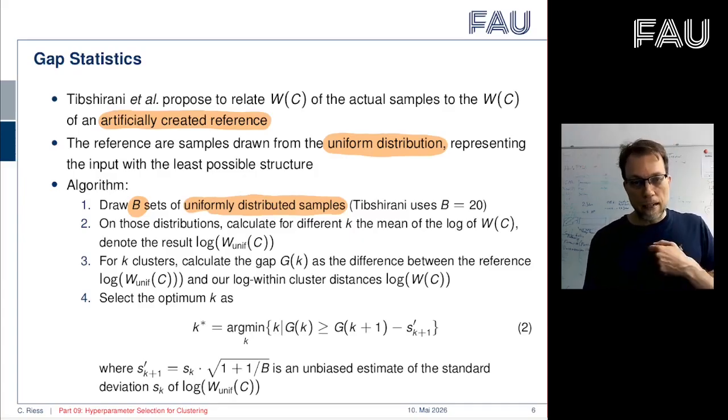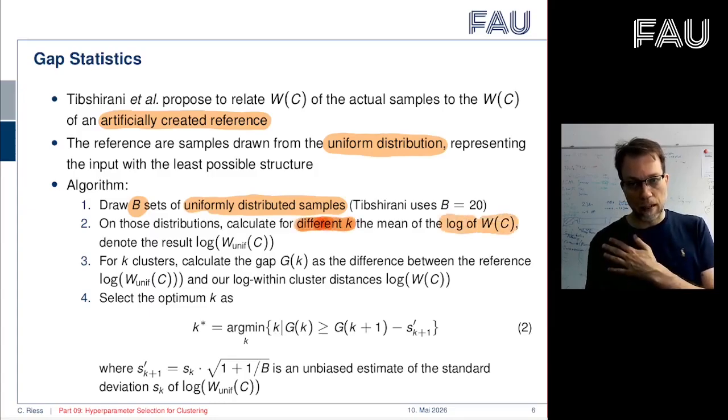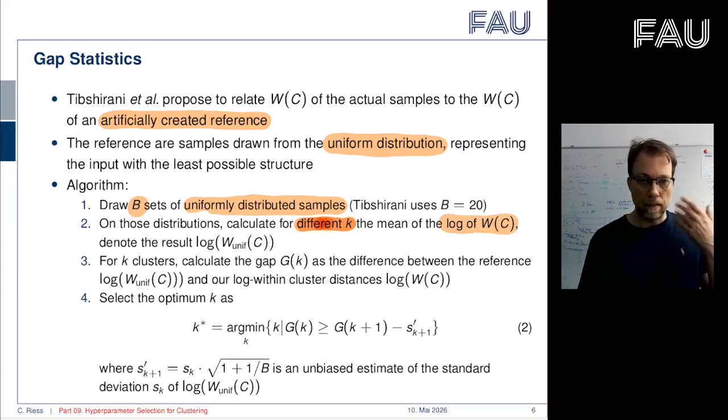Let's use each data set individually and calculate these curves with these within cluster distances as what we looked at, like for different k, let's calculate the log of the within cluster distances, and let's average them. And this shall be this log of the within cluster distance on the uniformly distributed data.